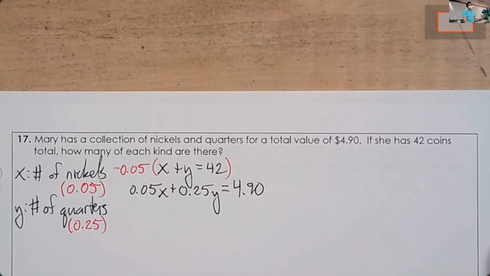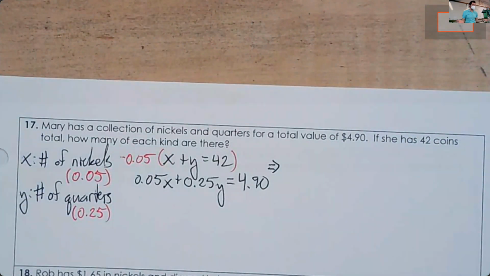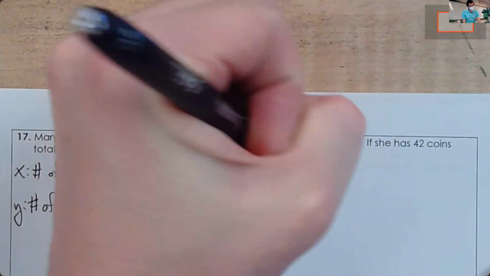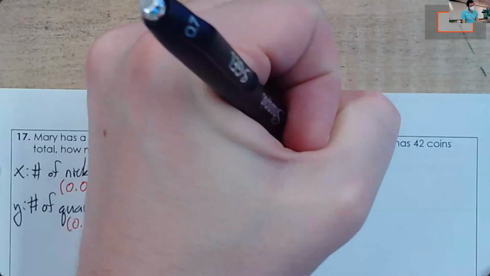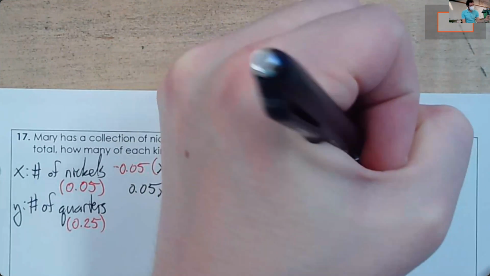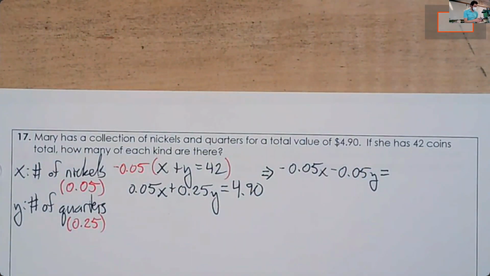And that will give us opposite values in front of that. So once this is written, the two equations, or the two problems that we just did, are going to work pretty much exactly the same. And so if everything on the top equation gets multiplied by negative 0.05, we get negative 0.05x minus 0.05y equals, let's see, 42 times negative 0.05 is negative 2.1.